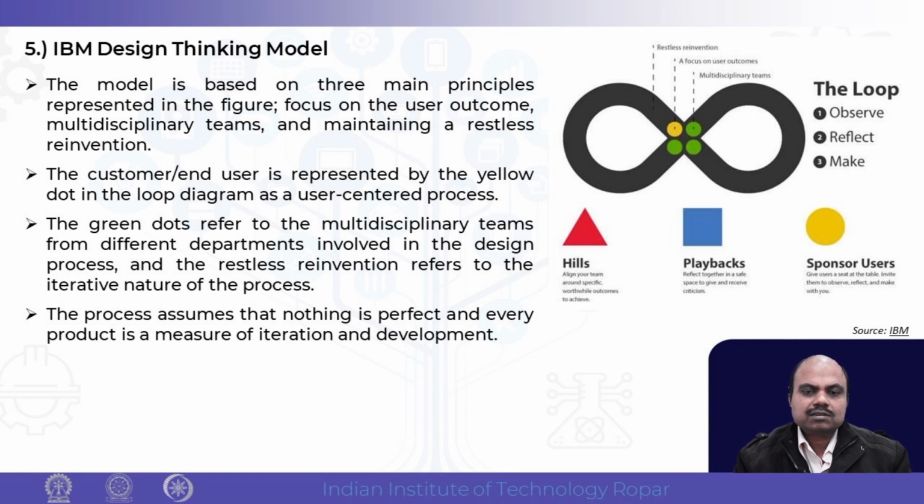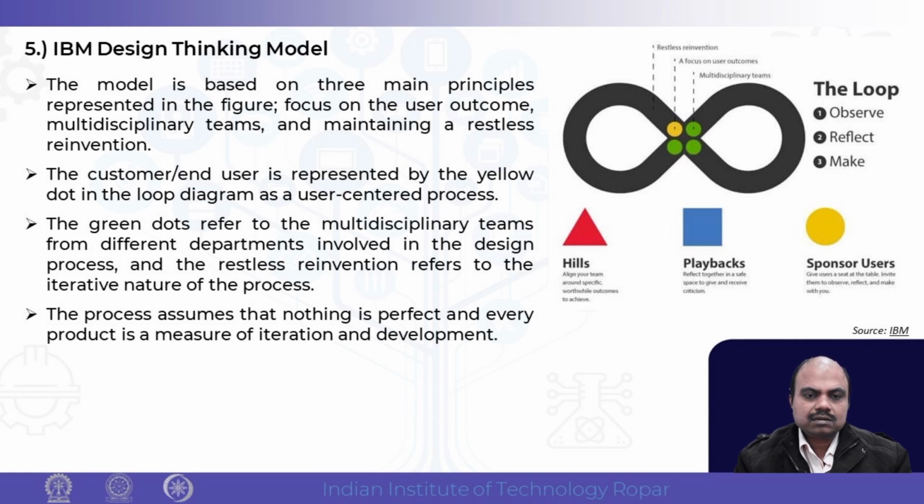The model is based on 3 main principles represented in the figure: focus on the user outcome, multidisciplinary team, and maintaining a restless reinvention. The customer or end user is represented by the yellow dot in the loop diagram as a user-centric process.